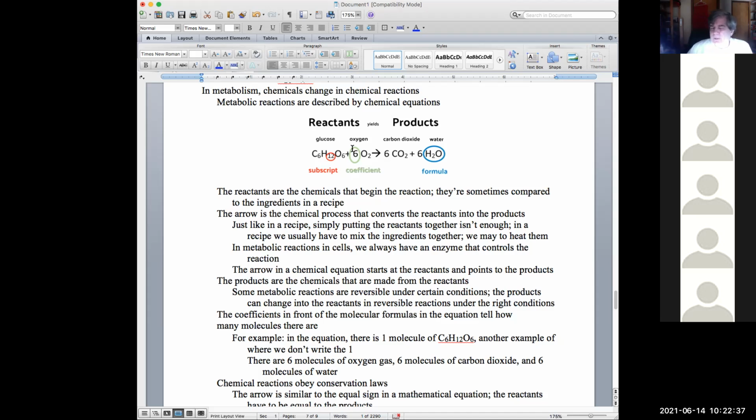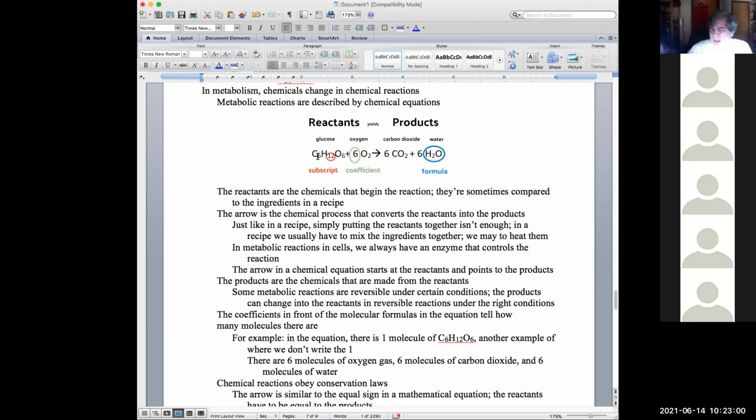Now let's look at our reactants. Notice we can have several reactants. If we have more than one, they're separated by a plus sign. So in this case, there's a reactant C6H12O6 plus there's 6 of another reactant, O2. Well, let's look at two different things.